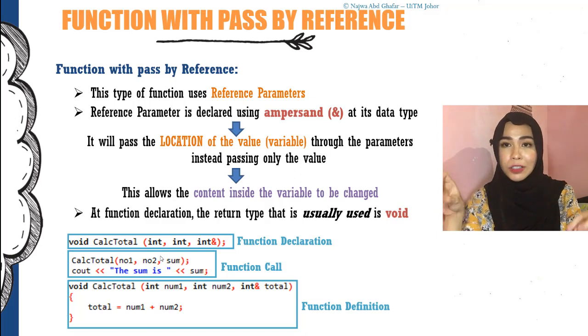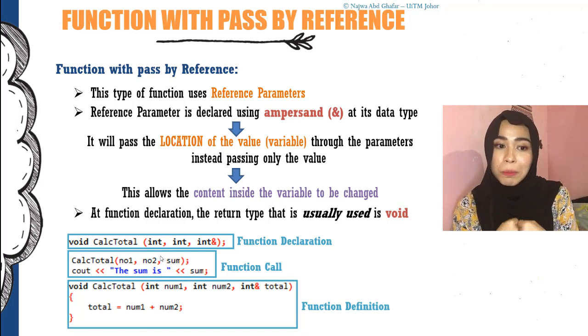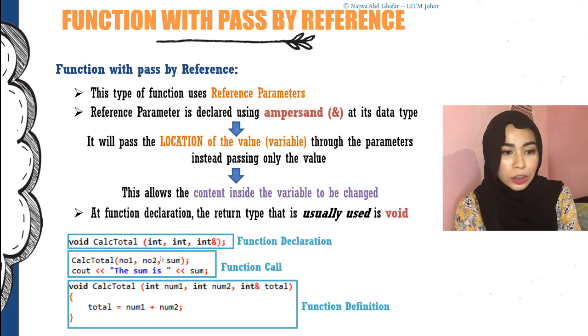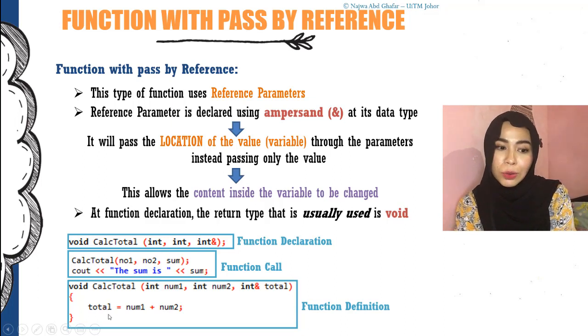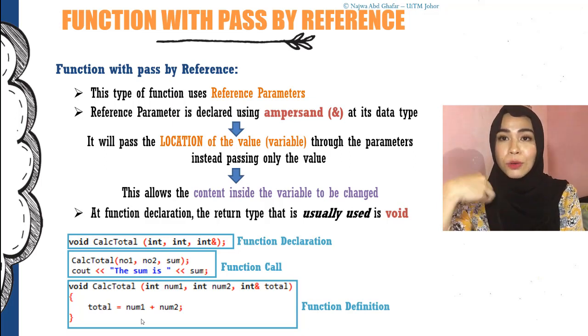Reference parameters are linked from one place to another, so they are automatically updated, and the content inside the variable will be changed automatically. At function declaration, the return type usually used is void, because we don't have a return value here. You don't need a return value when you have pass by reference, because we can just send the data through the reference parameter.